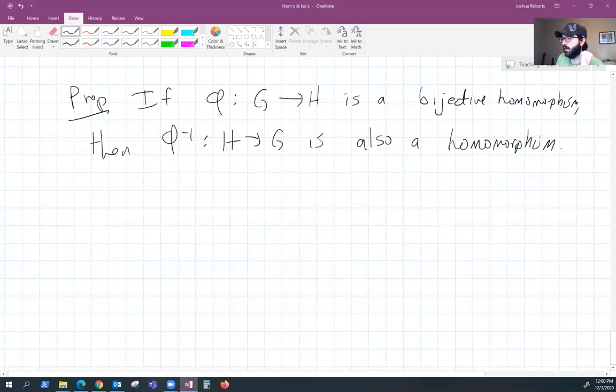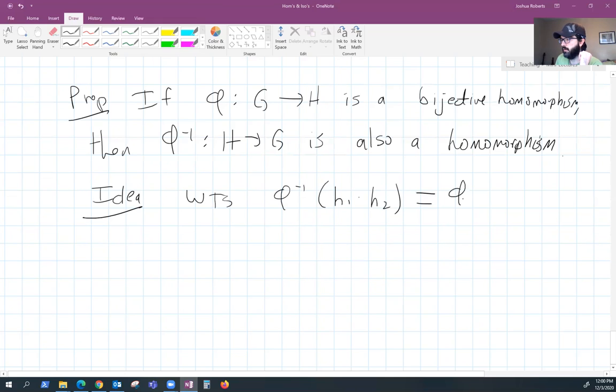Okay, so I'm not gonna go through a full proof, but here's the idea of how that works. What we want to show is that phi inverse of H1 times H2 is equal to phi inverse of H1 times phi inverse of H2.